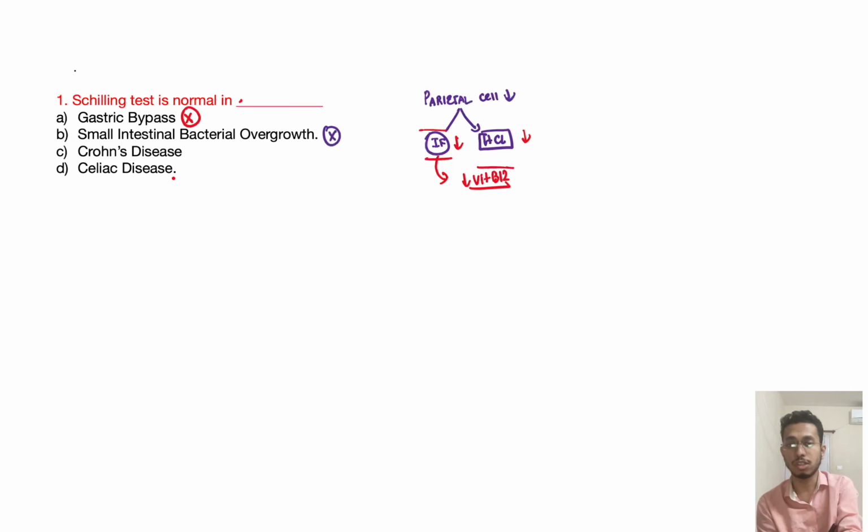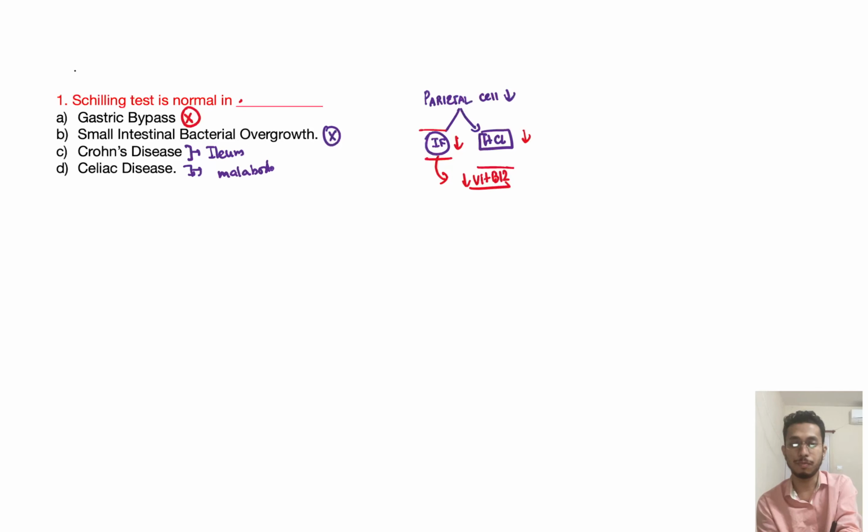Now, coming to Crohn's disease and celiac disease, what is the most common site involved in Crohn's? The most common site involved in Crohn's is the ileum, alright, and the presentation behind celiac is malabsorption features. Okay.